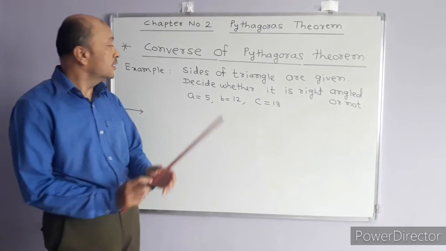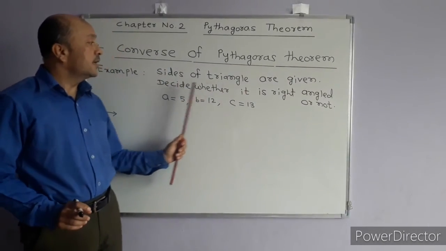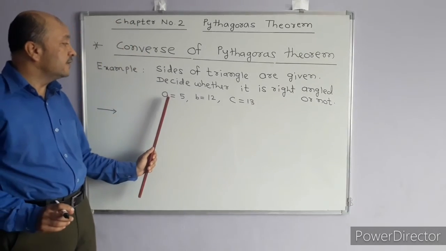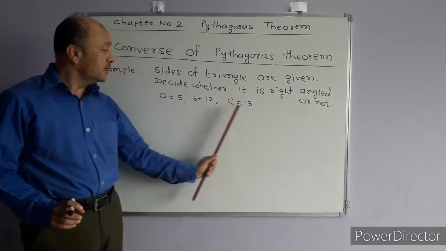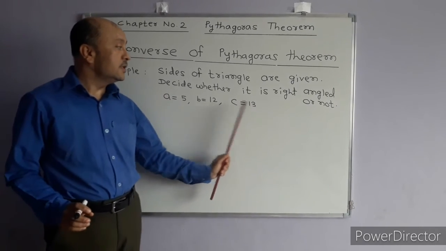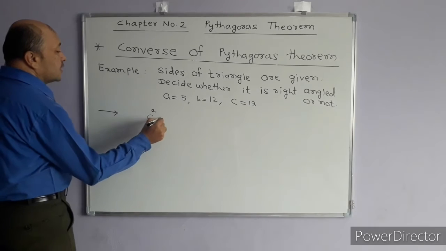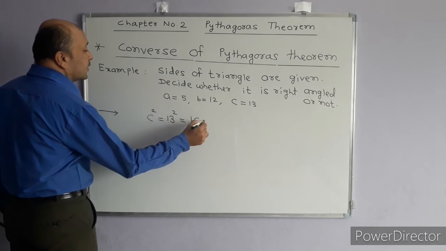So let us check here. Sides of a triangle are given. Decide whether it is a right angle triangle or not. What are the sides given? A is 5, B is 12 and C is 13. What is the highest length here? That is C equal to 13. Therefore make the square of C. C square is 13 square, which is 169.